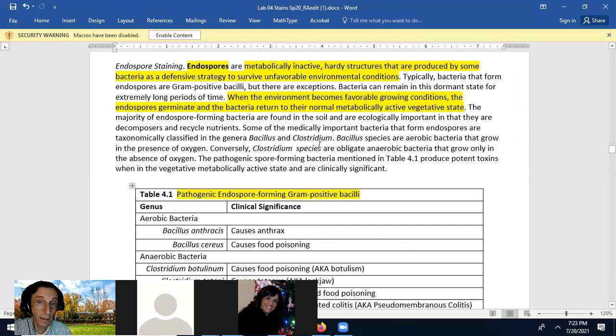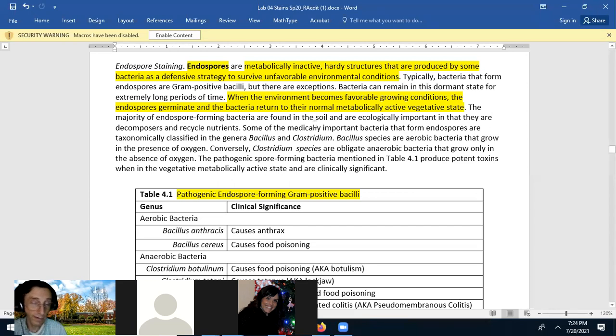When the environment becomes unfavorable, the bacteria will start making an endospore. And the cell that makes the endospore we call the parent cell. And the parent cell will eventually die from the unfavorable environment. But if it makes the endospore before it dies, that endospore will then survive the harsh environment.